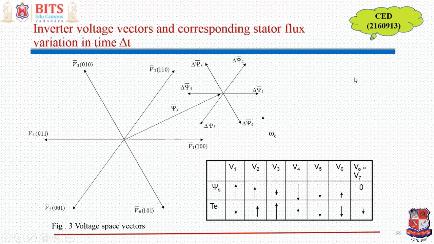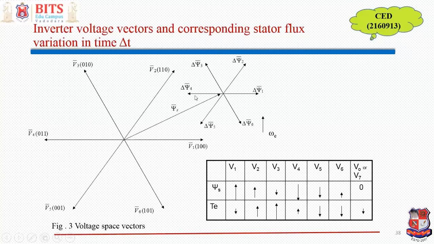Now let's assume the situation that my stator flux is over here and the rotor flux is obviously slightly behind it. I have not shown it here, but it is always behind. Now, if I want to increase the torque, these are the voltage vectors. This is 3, this is 2, and this is 1.